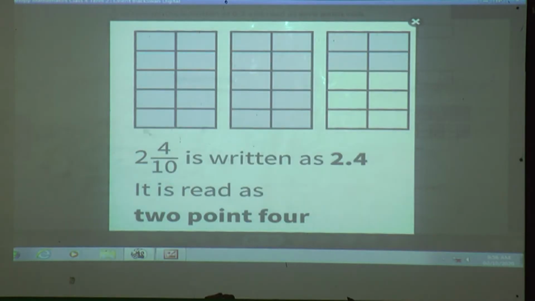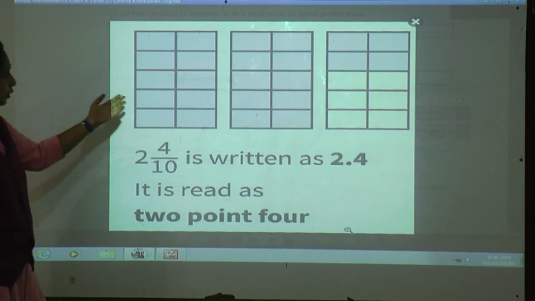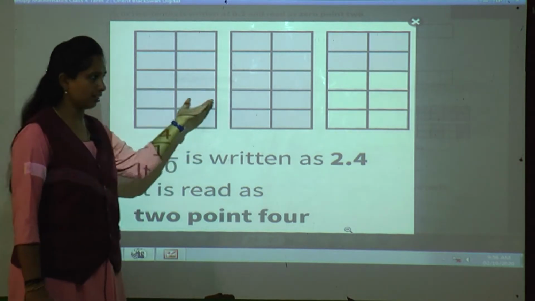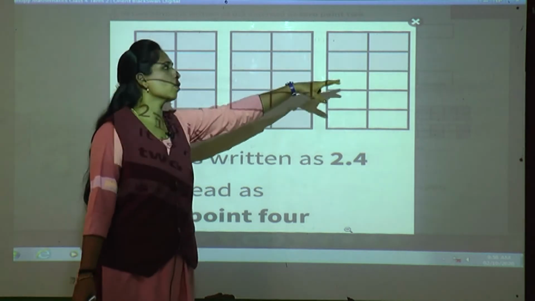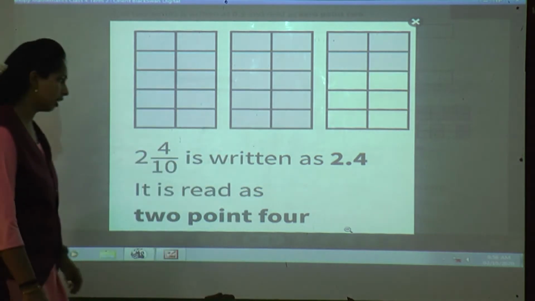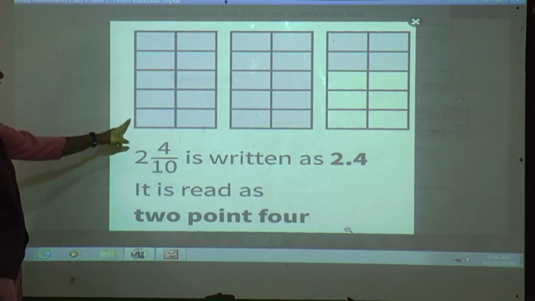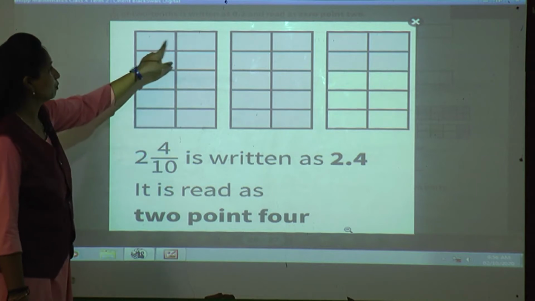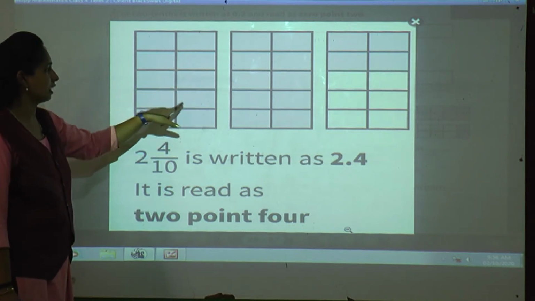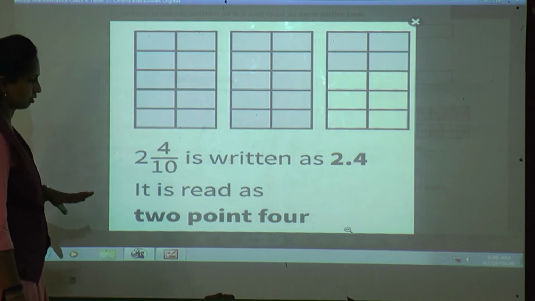Now see, in this question there are 2 whole parts colored and in the third part only 4 blocks are colored. So here how many are there total in whole? 1, 2, 3, 4, 5, 6, 7, 8, 9, 10. There are 10 blocks.